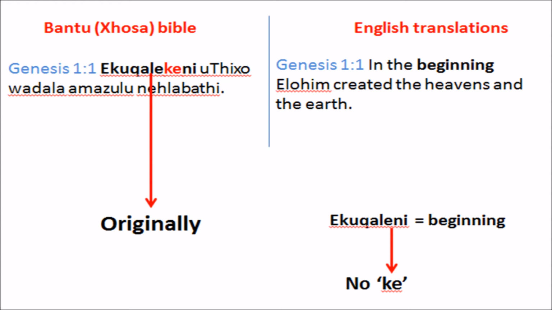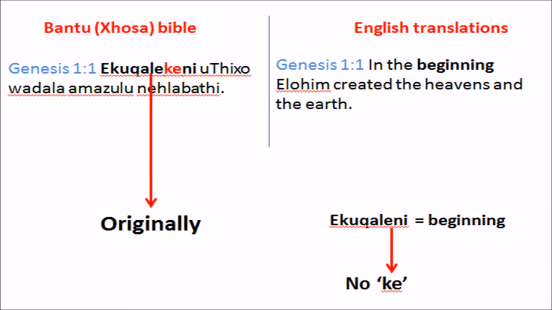Keni means origin, okay? So that person would not have assigned ekuqalekeni, because if they were translating from English, which says clearly beginning, they would have said from the start. They would not have said from the origin, because once you put a K in there, you mean origin, okay? So now they would have said from the start.